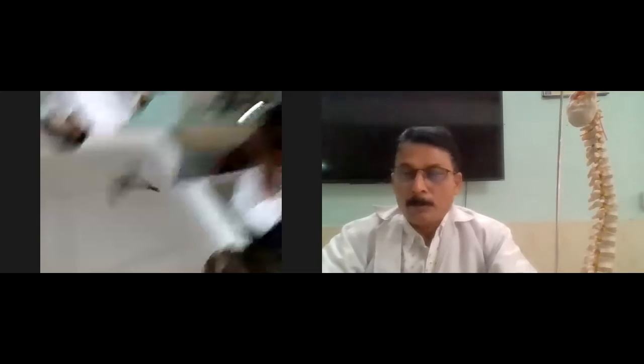Very often you will get cases in the outdoor or in the casualty with a history of fall, because of unsteadiness or weakness. Many times they fall on the buttock, which leads to the impact of the force on the thoracolumbar area.